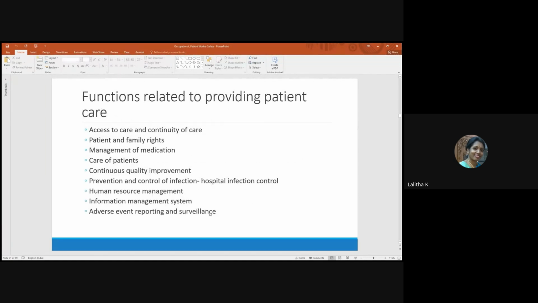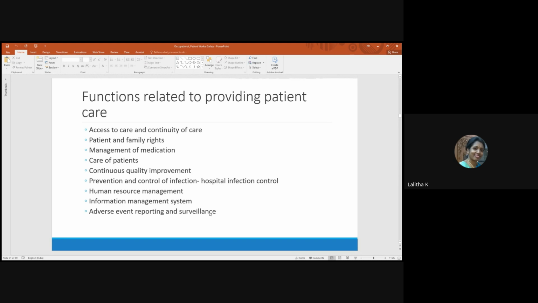Now, what are the functions which can contribute to patient care? One is access to care and continuity of care, protecting the patient and the family, right? Management of medications, so they should be taught about medications properly, care of patients while in the hospital, and continuous quality improvement. You must always aim to improve your quality, not just one time and leave it.